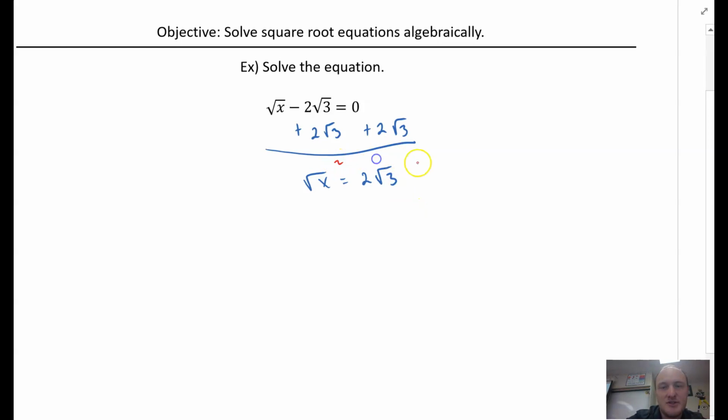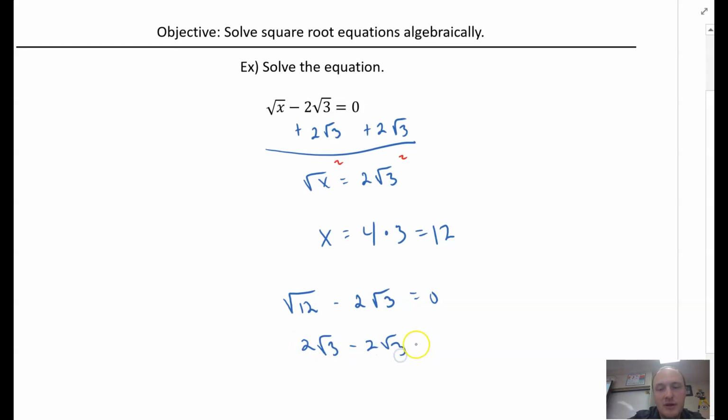We'll go ahead and square both sides, giving us x is equal to 4 times root 3 squared, so that's 3, which is 12. So I'm going to go ahead and check. I'm going to plug in the square root of 12 minus 2 root 3. Does this equal 0? Well, root 12 is 2 root 3, and 2 root 3 minus 2 root 3, yep, the left side is equal to the right side. Check. Okay, so our solution is x equals 12.